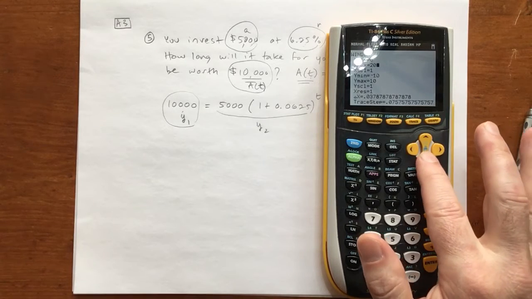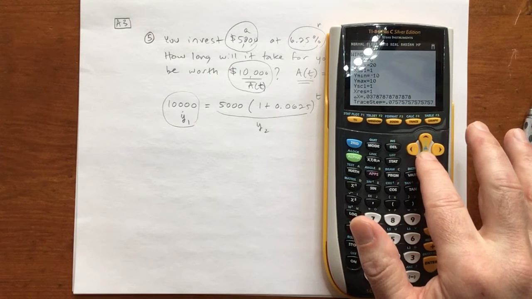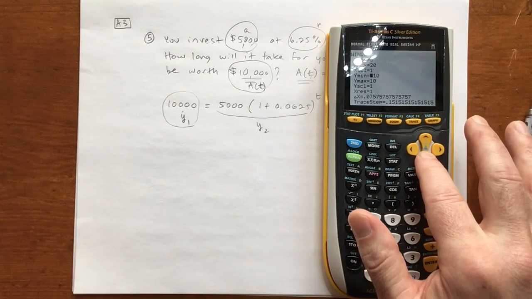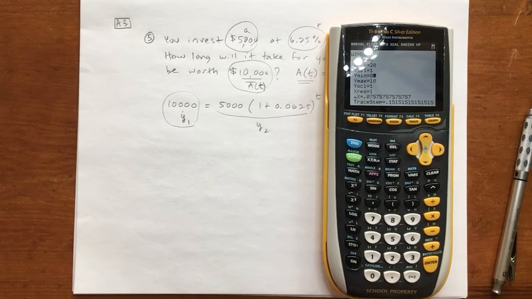It's just a guess, so I'll make my maximum x 20 for now. My y min, I'll start that at 0 as well, but then my y max, I have to definitely go higher than 10,000 so I can see both this line and that curve. So I'll make this maybe like 12,000.